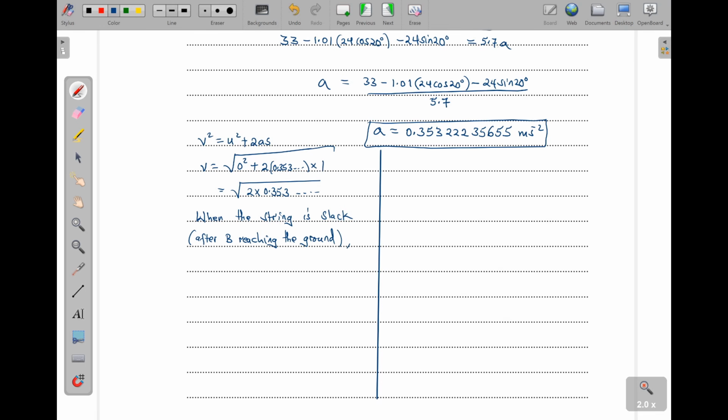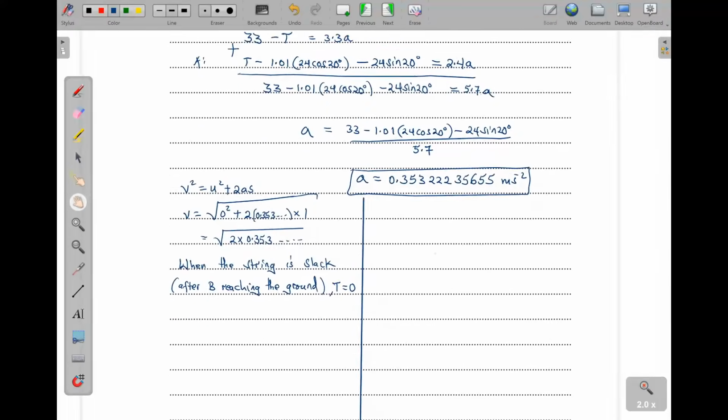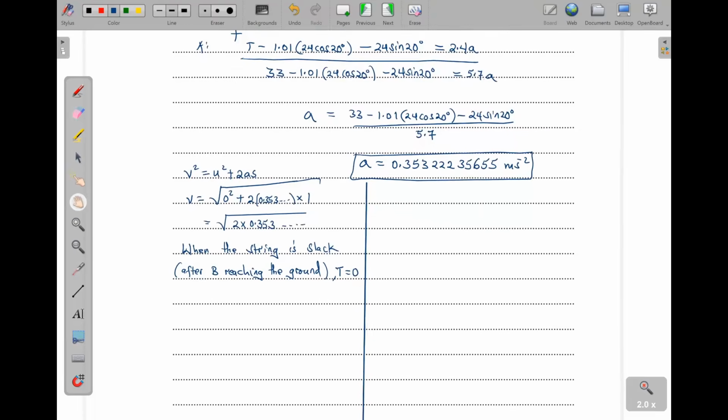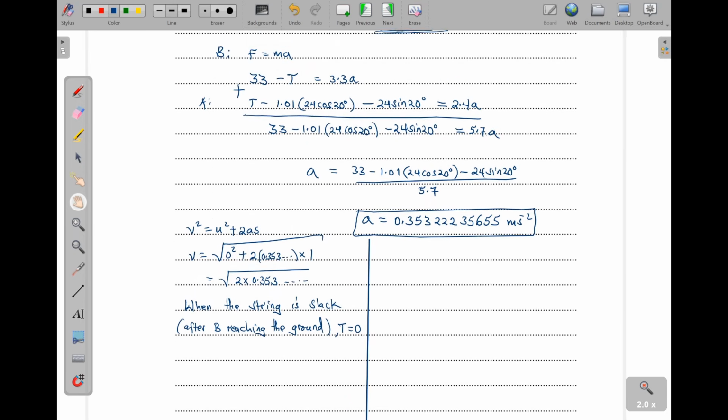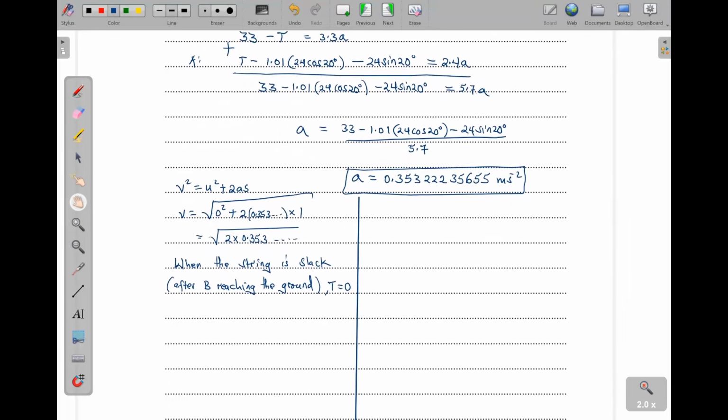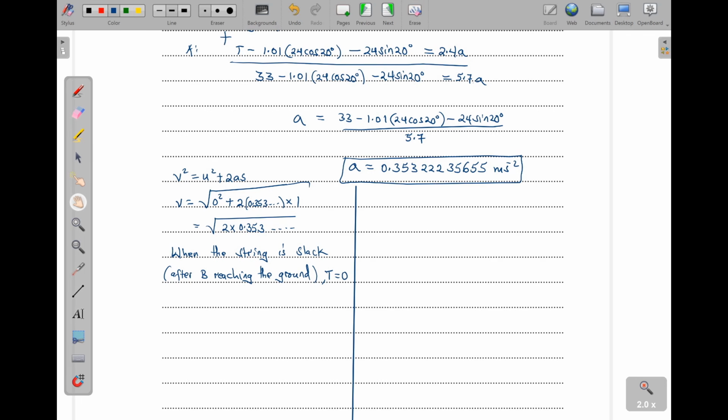So that means tension is equal to 0. Now coming back here, using the forces which were acting on A, the tension is not there. So we shall have 0, because now we are using F is equal to ma.